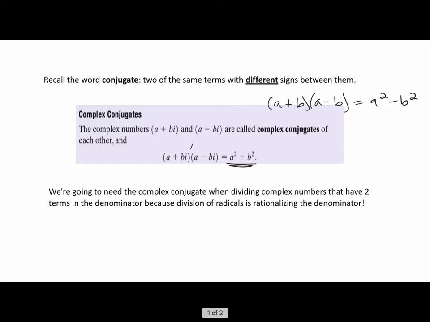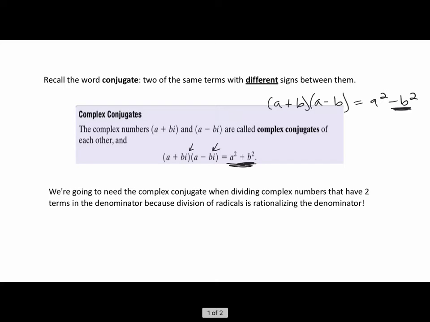But because there is an i as part of the term with the b, that's what changes this sign from minus to plus, because i squared is -1.